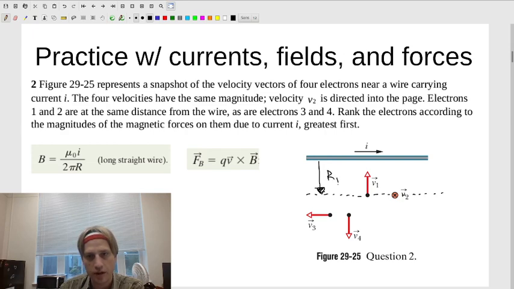So these ones are at, let's say, a distance of r1, and these ones are at a distance of, let's say, r2. Now, take a look at this picture, and the current is running from left to right.